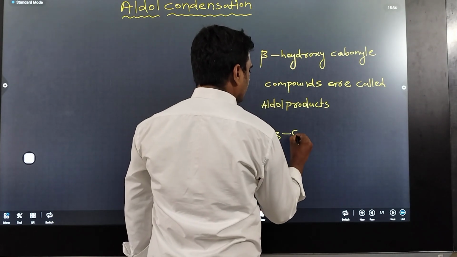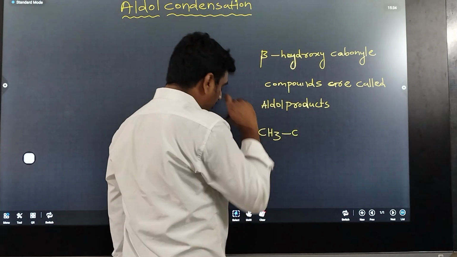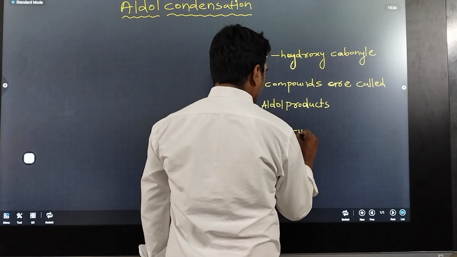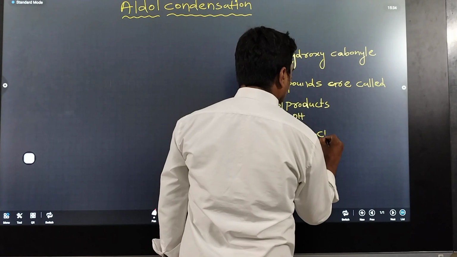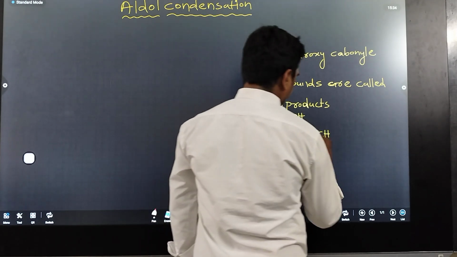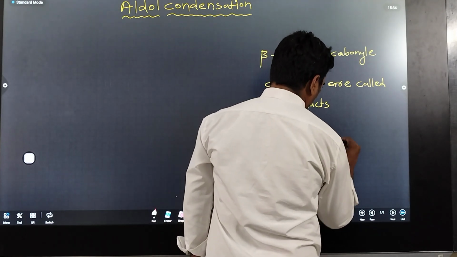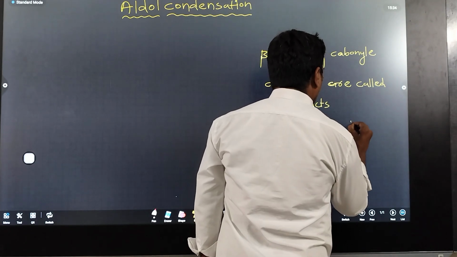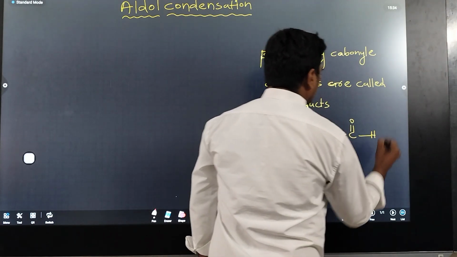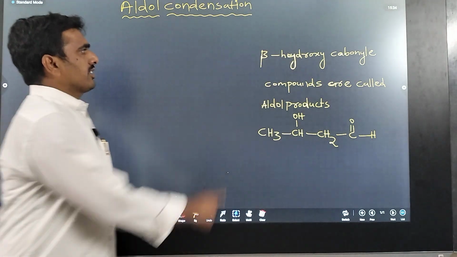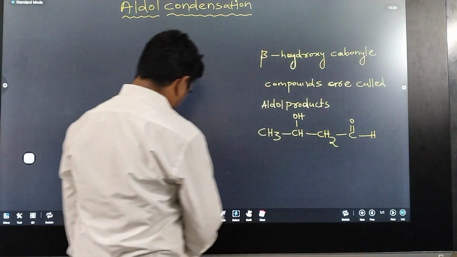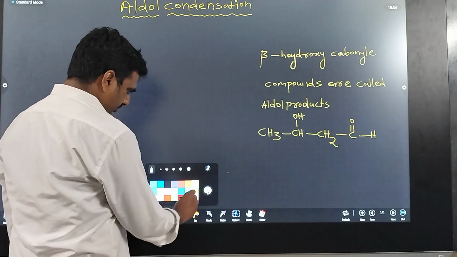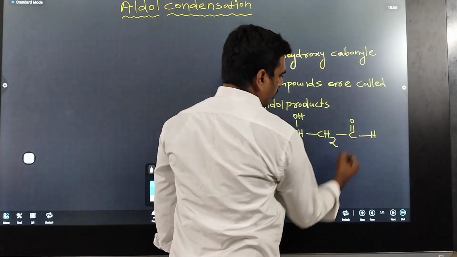For example, CH3 CHOH CH2 C double bond O. This beta hydroxy carbonyl compound is called an aldol product. Here this is the functional group.